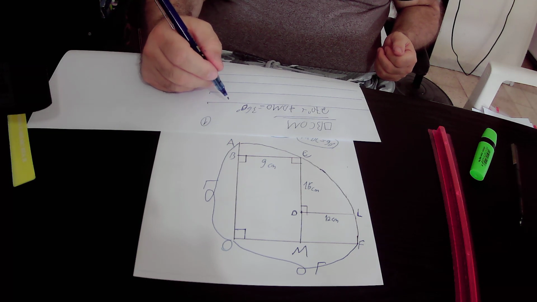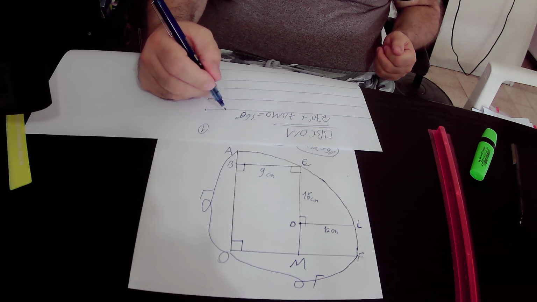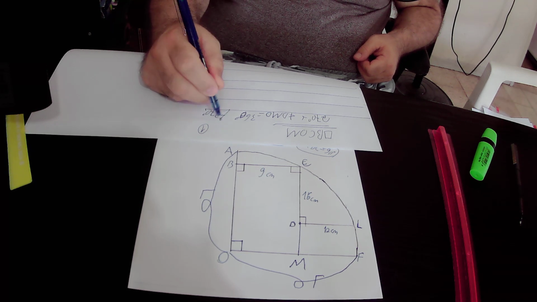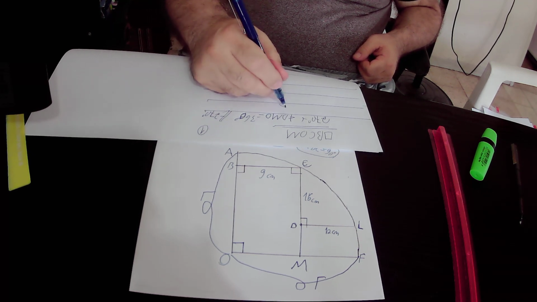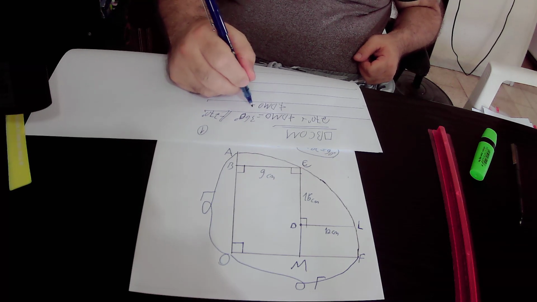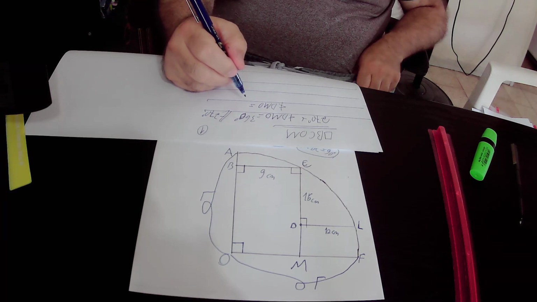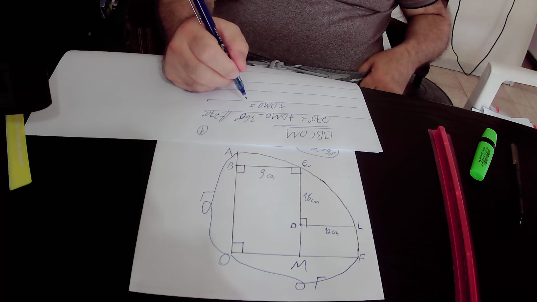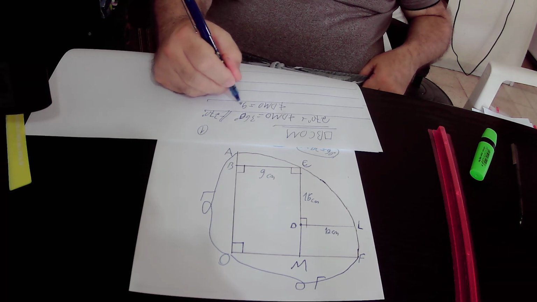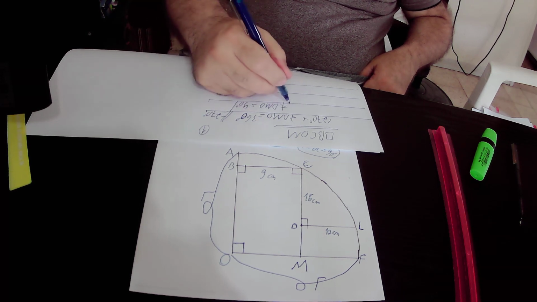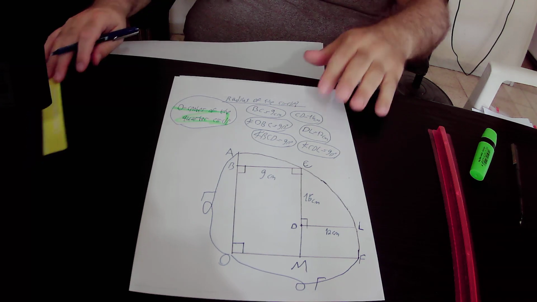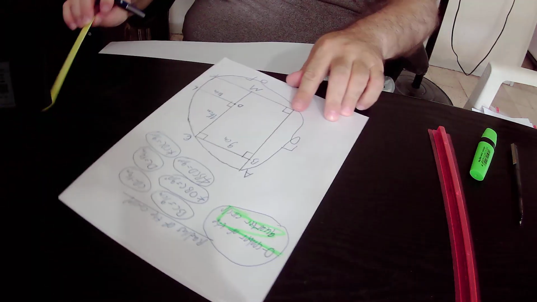So here we will subtract 270 degrees from this equation, and we get that the missing angle DMO is equal to 360 degrees minus 270 degrees. It is equal to 90 degrees. So this angle equals 90 degrees.